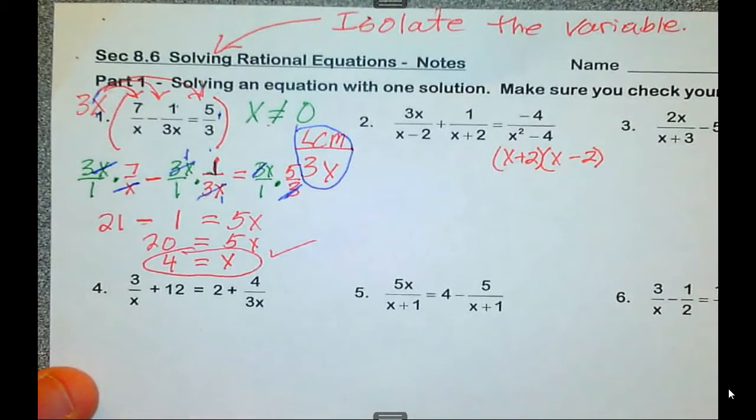What's my lowest common multiple here? I just factored it. So I'm going to multiply the entire equation by x plus 2, x minus 2.